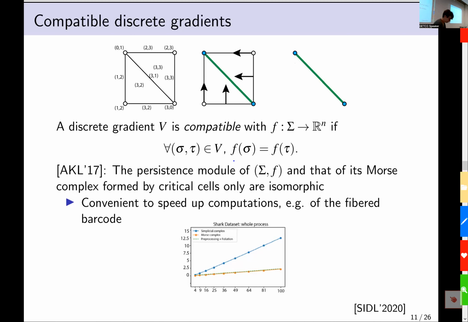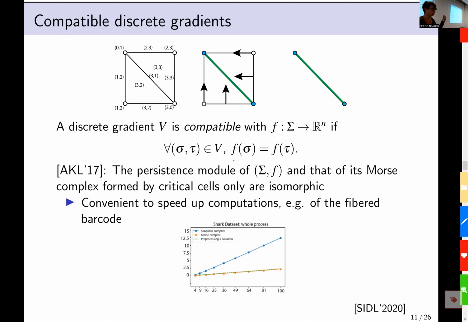So what I wanted to say is that if you fiber the persistence module, restricting it to lines with positive slope, so increasing lines in the space of parameters, you can do two things.